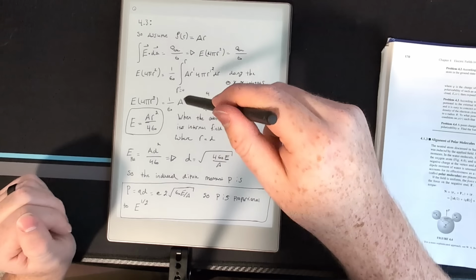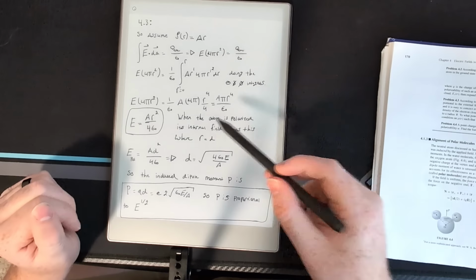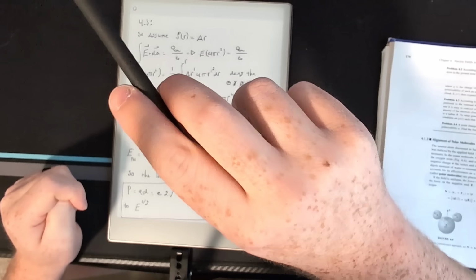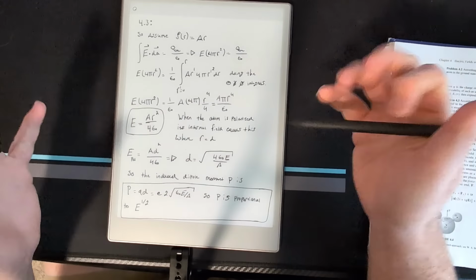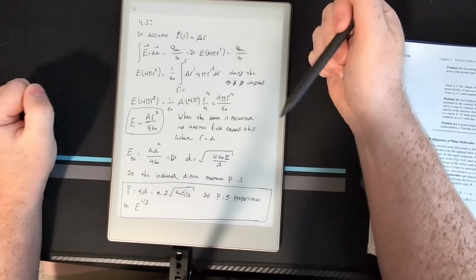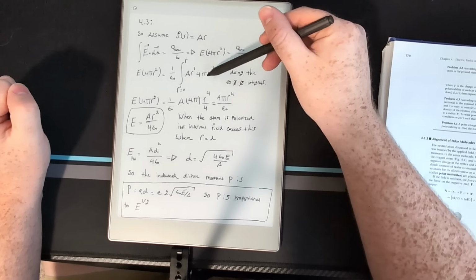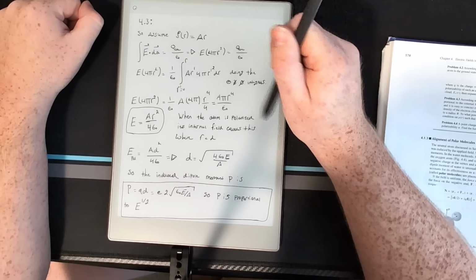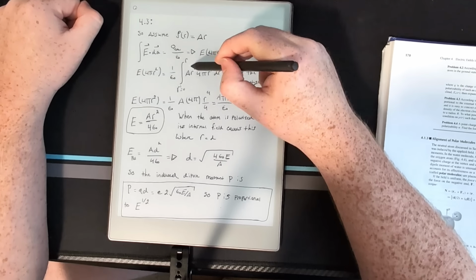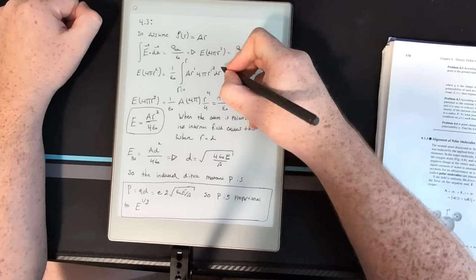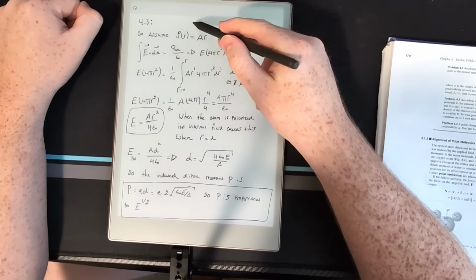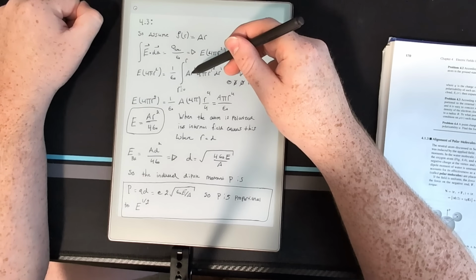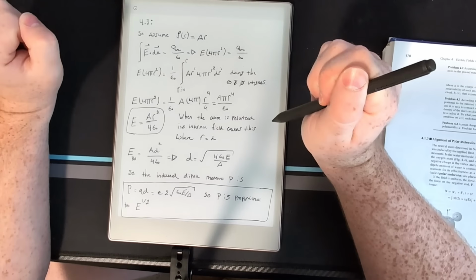The theta integral would just have a sine theta d theta in it because of the d tau term, and that would just end up being 2, because you're integrating from 0 to pi over the whole sphere. And then we're just left with the r integral. So that's why there's a 4 pi here, because 2 times 2 pi. All we're left with is r squared dr from the d tau term, times r prime squared dr prime times r prime from the charge density here. So really what we're integrating is r prime cubed dr prime.